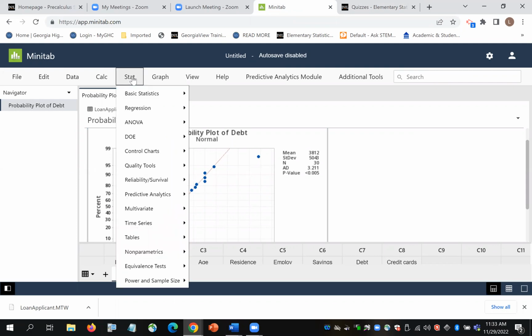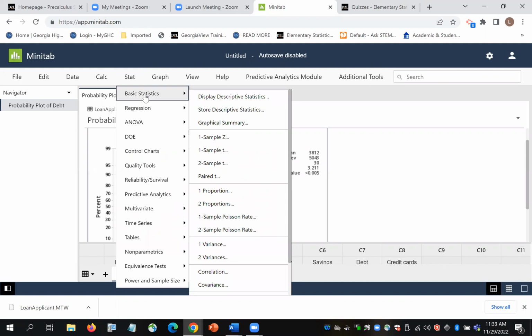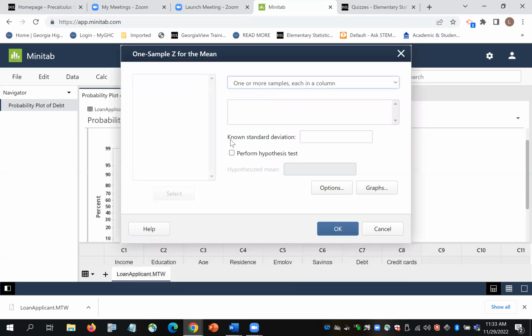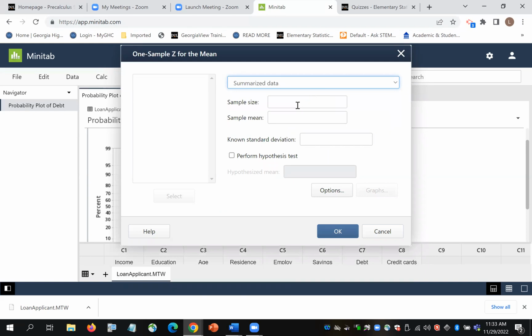Stat, basic statistics, one sample Z. We have summarized data. My sample size is 30. The sample mean was $68.43. The known population standard deviation was $3.72.